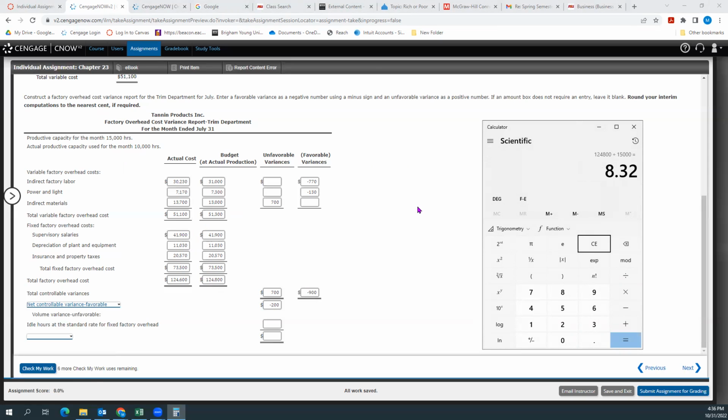So my idle hours, that 5,000 hours where we sat idle, times that rate is going to tell me the amount of money we lost through those idle hours, that our fixed costs could have been covering an additional 5,000 hours. So I'm going to take that times 5,000, and that's $41,600.